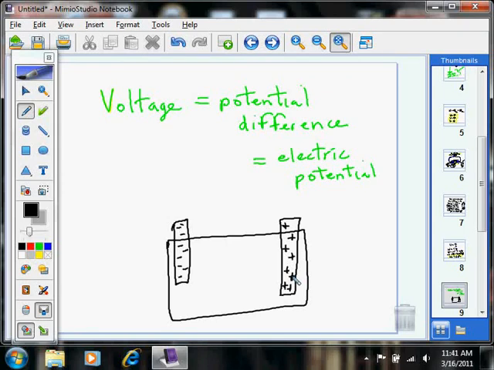So voltage, also known as potential difference, also known as electric potential, all of these are equal to the amount of work done per charge to move a charge from one place to another.